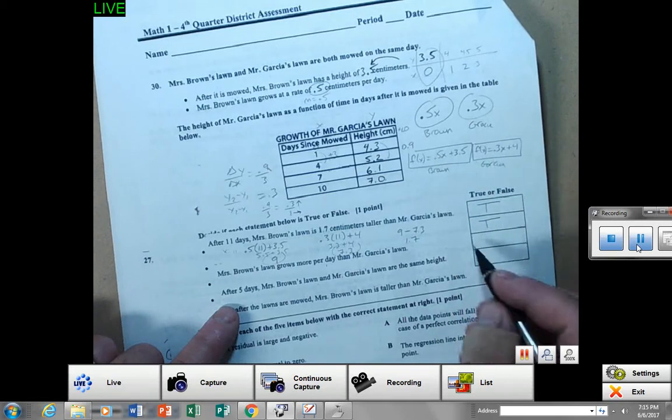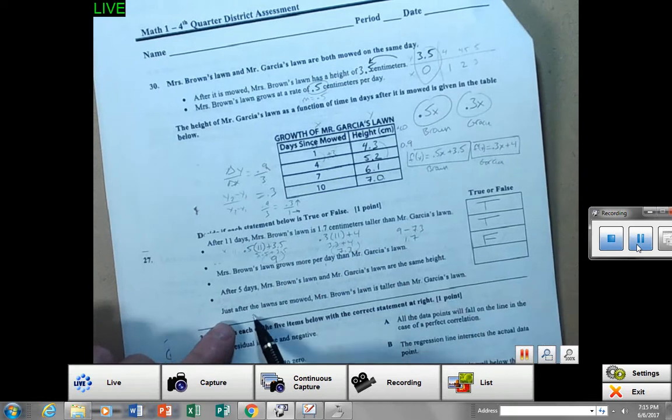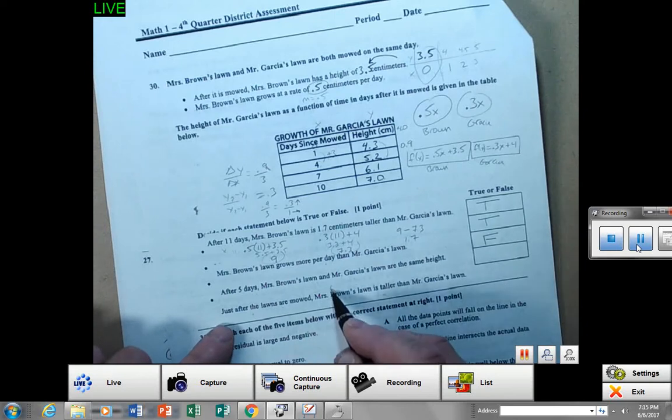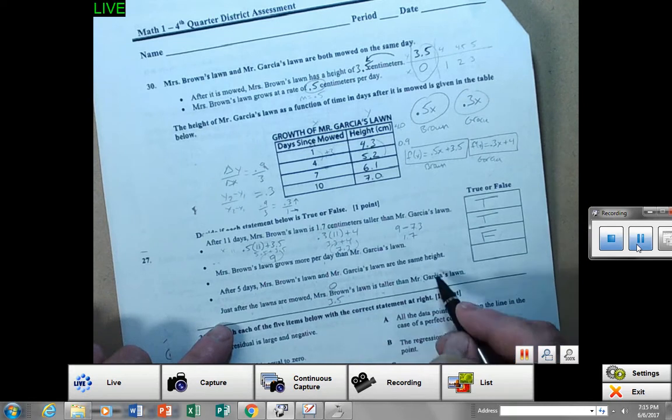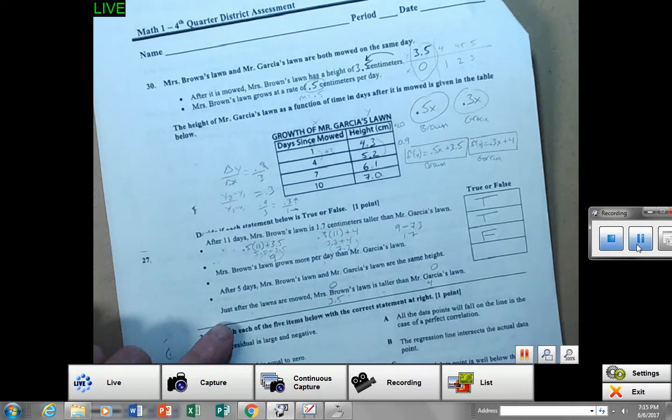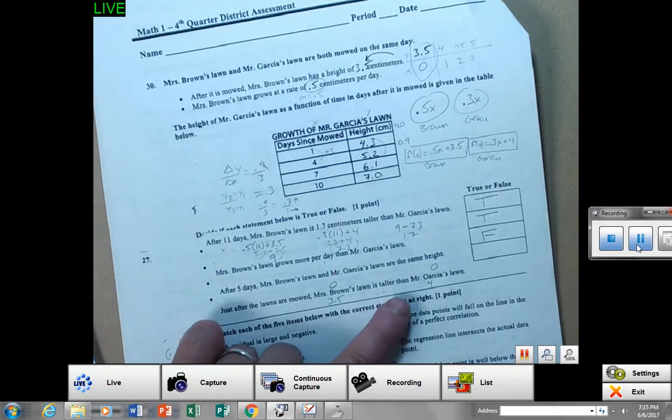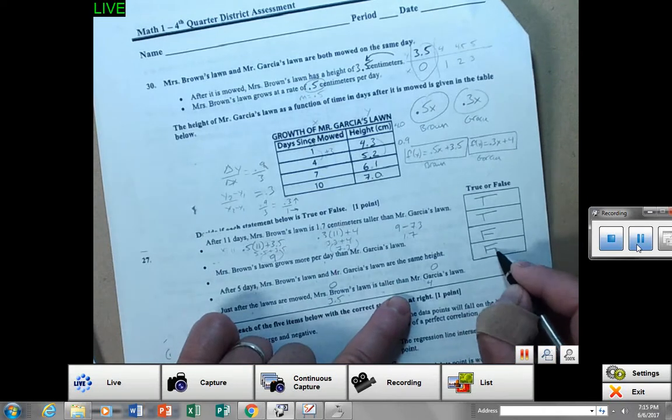So that is false. Just after the lawns are mowed, Mr. Brown's lawn is taller than Mr. Garcia's lawn. Just after they were mowed, that is the zero term. So Mr. Brown, the zero term was 3.5 centimeters tall. Mr. Garcia, the zero term, his was 4 centimeters. So Mr. Brown's taller than Mr. Garcia? Nope, that is false.